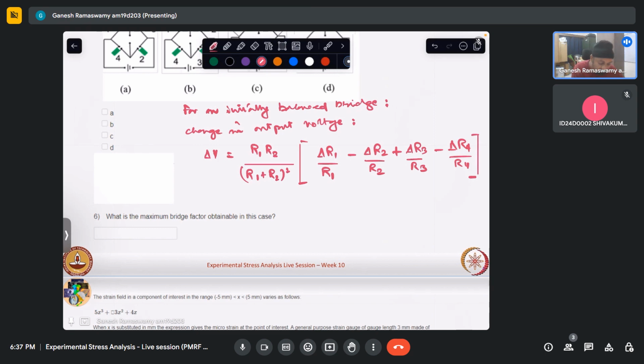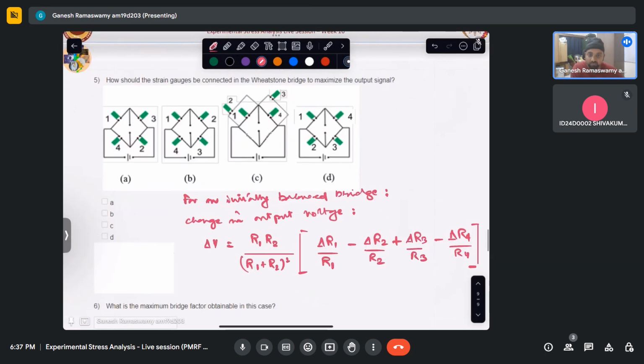So how this is derived is basically we balance out the Wheatstone bridge. We write the equation relating all the resistances to the output voltage given one input voltage, one stimulus. What will be the change? We write the output voltage in the form of resistances and the total voltage that was provided, and we take a total derivative.